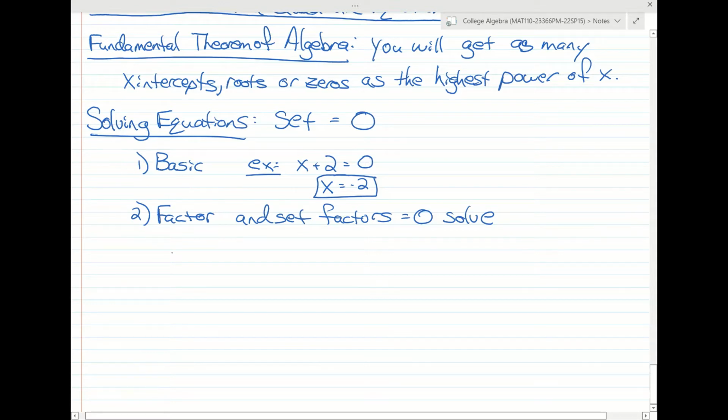And when we're going to factor, we're talking about GCF, grouping, trinomials, and special cases.